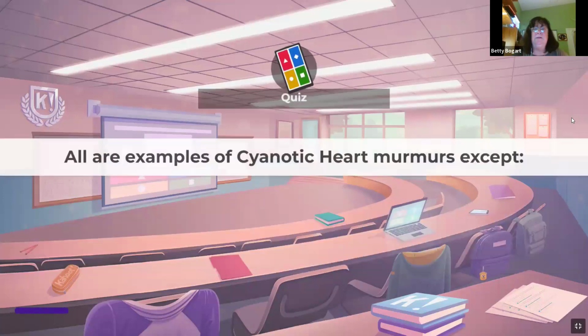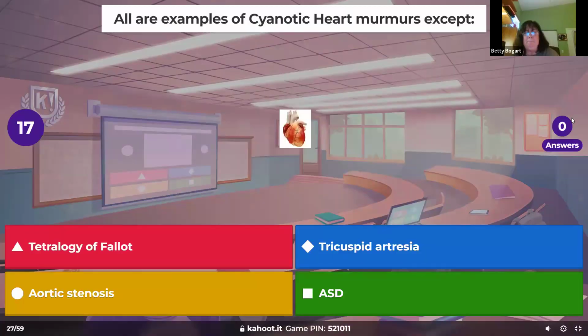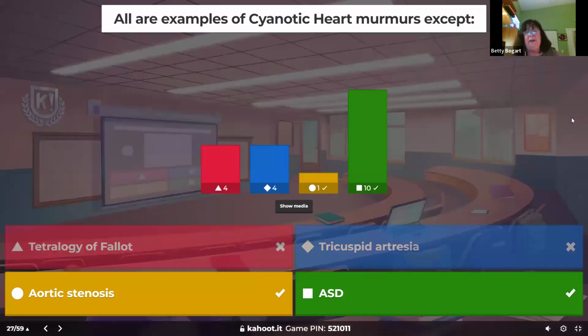A multi. All are examples of cyanotic heart defects except. Remember I told you VSDs like the Down syndrome children have, they're acyanotic. Well, it goes for the same thing with an ASD. When you're talking narrowings, you're talking about atresia without openings. All of them are absolutely the tetralogy and the tricuspid.